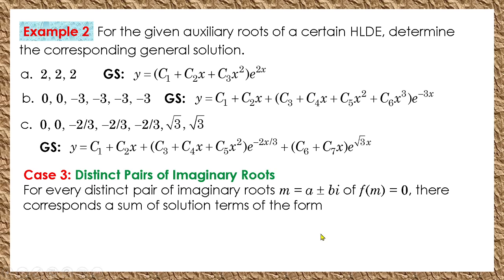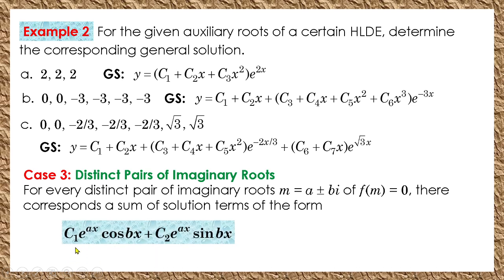You have what in terms of sine cosine. So you have c1 e to the ax. O, saan nang galing yung a? Sa first term ng solution ng imaginary pair. At yung b, saan nang galing? Sa coefficient ng i. Meaning yung second term, yung b, yung coefficient ng i.